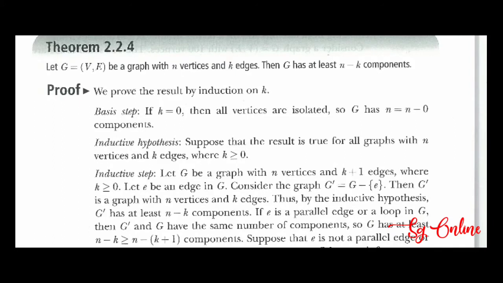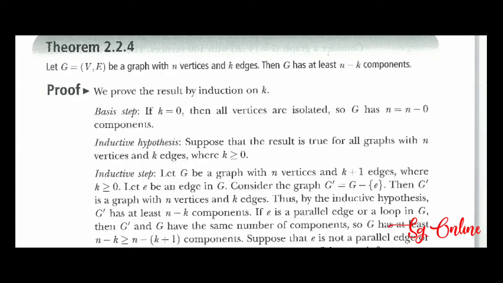Now we prove the result by induction on the number of edges k. We start the proof with the basic step, k equal to 0. If k equals 0, then the graph is a null graph and all vertices are isolated, and consequently every vertex becomes a component.